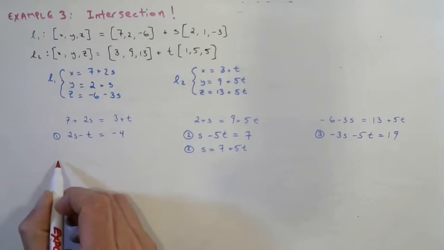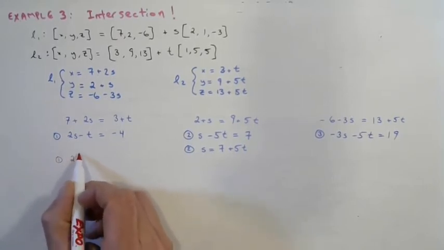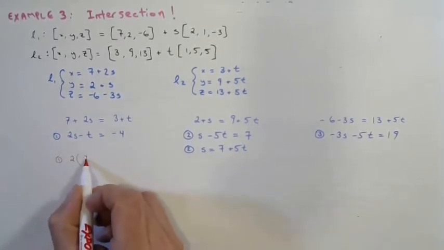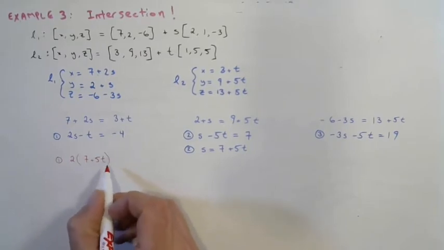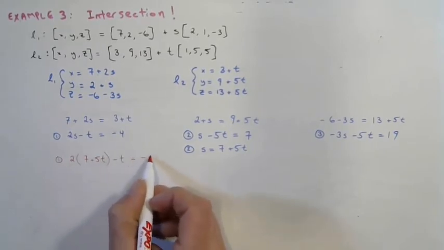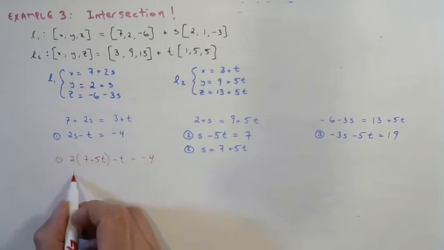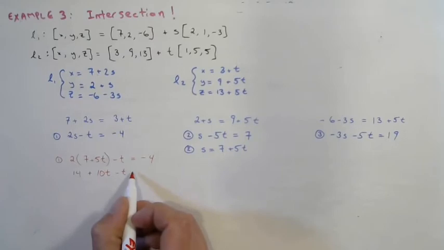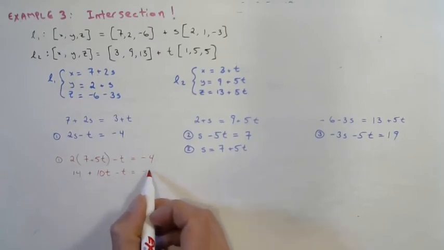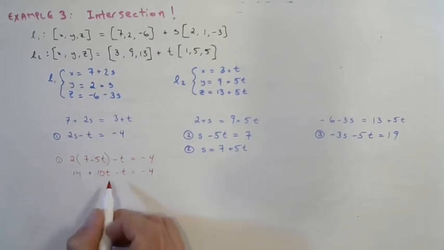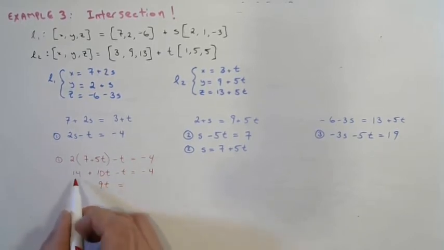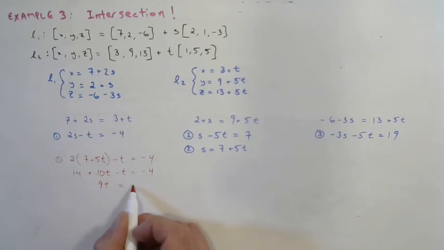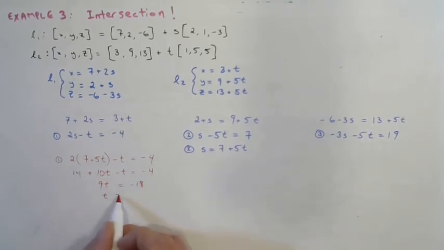So equation 1 is going to be 2, and then instead of s, I'm going to write 7 plus 5t, minus t equals negative 4. Here we have 14 plus 10t minus t equals negative 4. I'm going to group my t's together, so I have 9t. And I'm going to subtract 14 from both sides. That's going to be negative 18. Gives me a t value of negative 2.